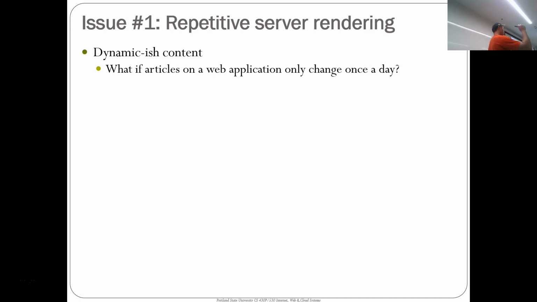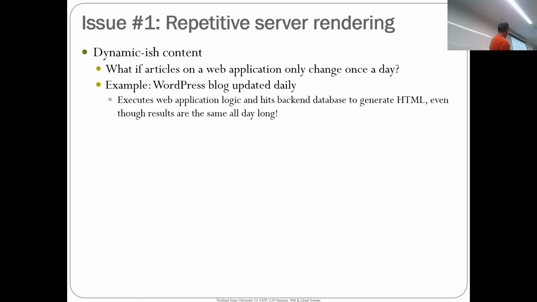But if you're sitting there running an MVC controller on the back end, anytime anyone asks for a URL, you're invoking the thing to reconstruct the DOM every single request. That seems pretty wasteful. That's an issue. So if you have a WordPress blog, it's only updated once a day. You're executing that whole logic and hitting the backend database to generate the same HTML over and over again. That's what you want to avoid.